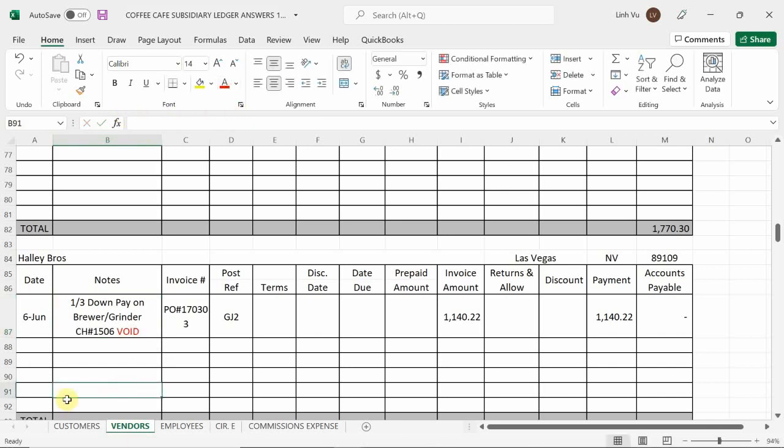Now in this case, do I need to undo this whole thing? No, it's not necessary because if you just write voided here, this transaction doesn't exist. In fact, you never owed them in the first place. But by entering that you voided this check, this tells you that you're keeping your transaction there and that this is no longer available because you voided it.